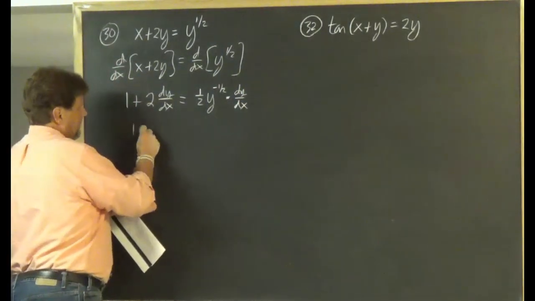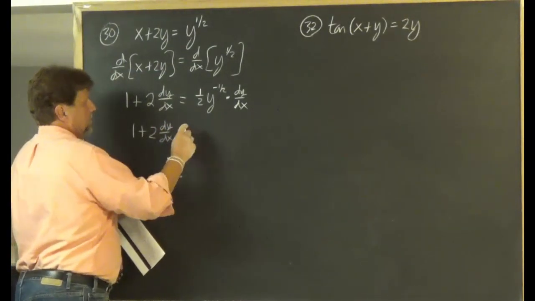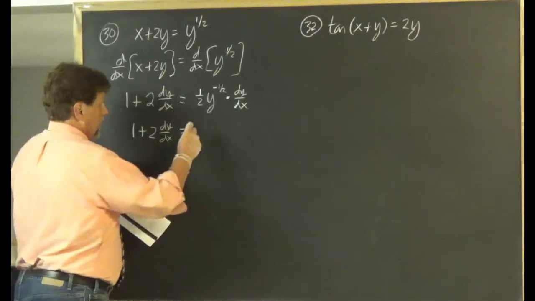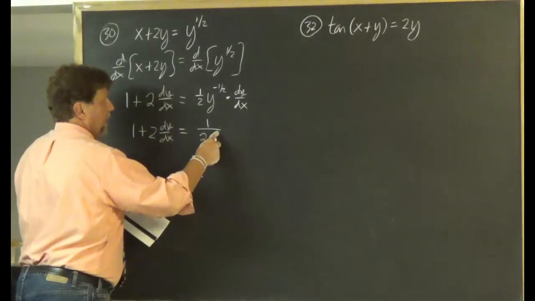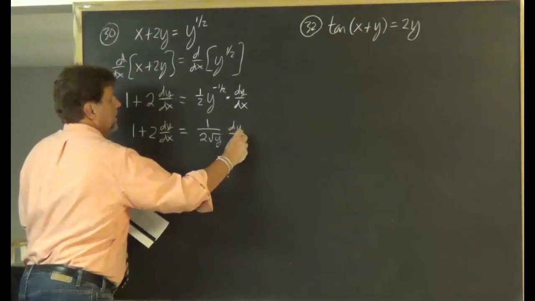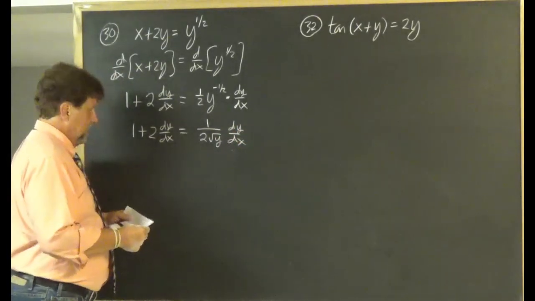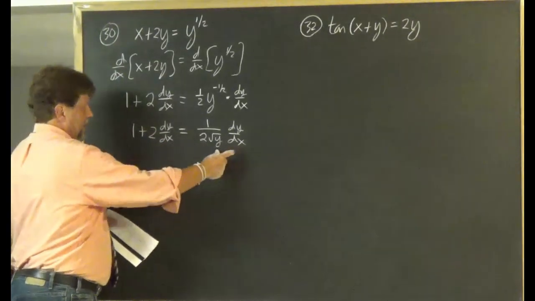I don't like that negative exponent, so I'm going to get rid of it and move it to the denominator, and instead of writing y to the 1/2 down here, let me just make it the square root of y. Okay, so what to do? Why don't I subtract this term over here?